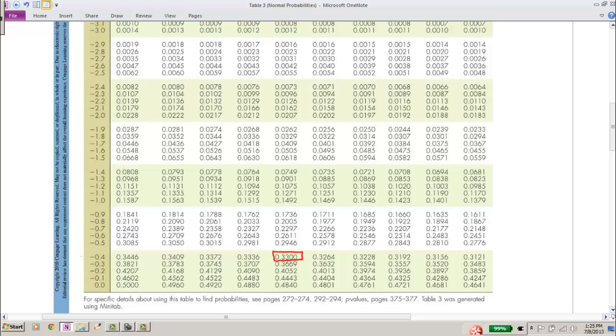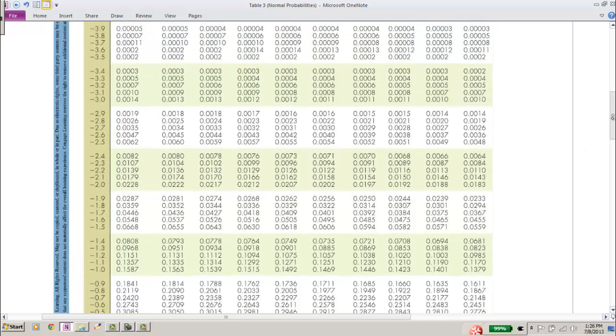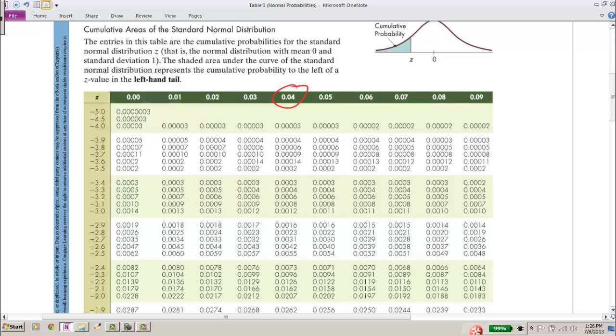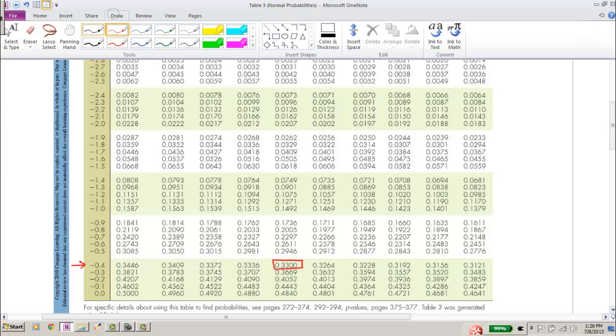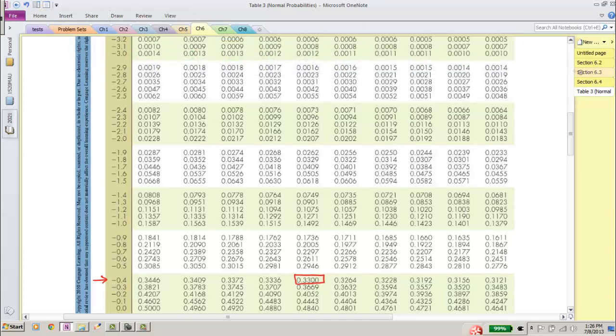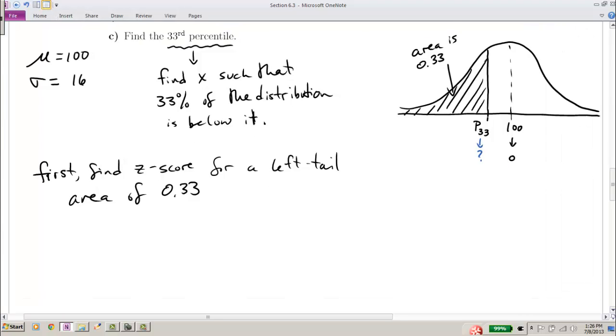And that has a z-score of negative 0.4, and the column is the 4 column, so negative 0.44 z-score associated with the left tail area of 0.33. So I know the z-score, and now I can use the z-score formula to figure out what the x value is.